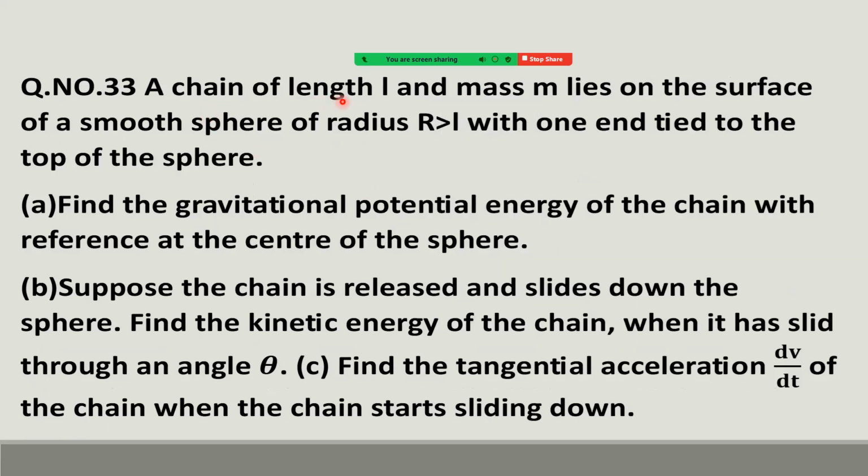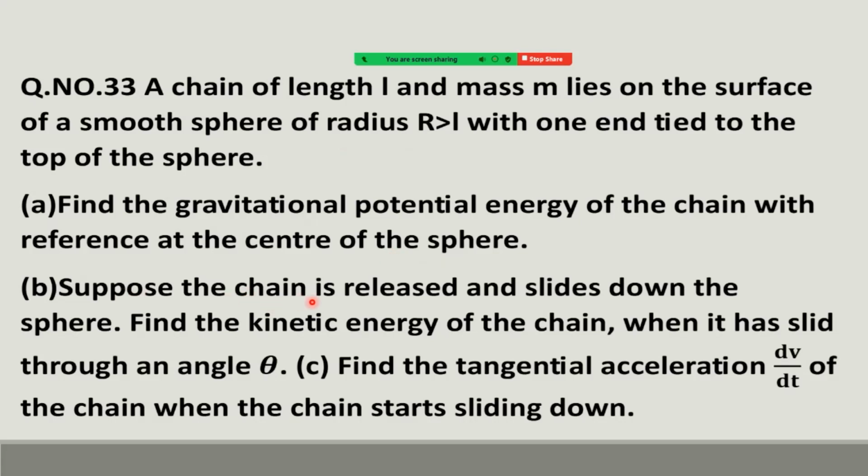A chain of length L and mass m lies on the surface of a smooth sphere of radius r, and r is greater than L, with one end tied to the top of the sphere. Find the gravitational potential energy of the chain with reference at the center of the sphere.